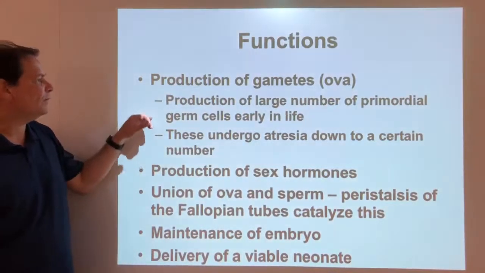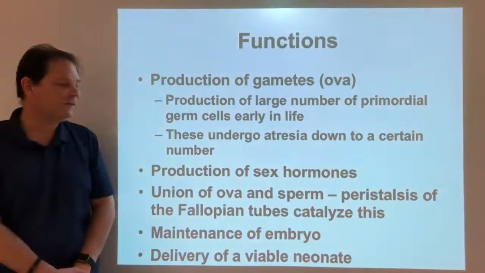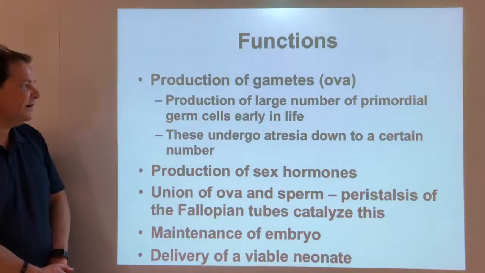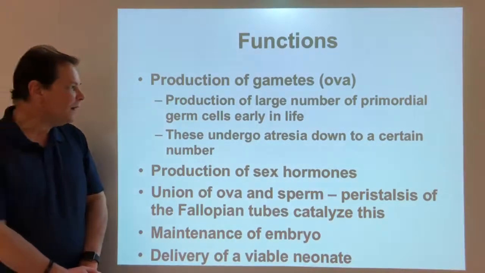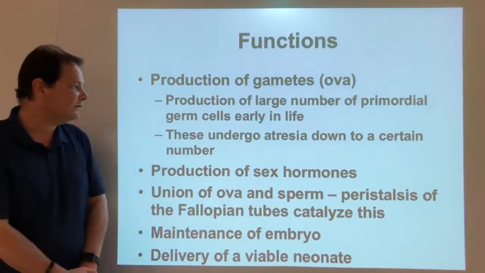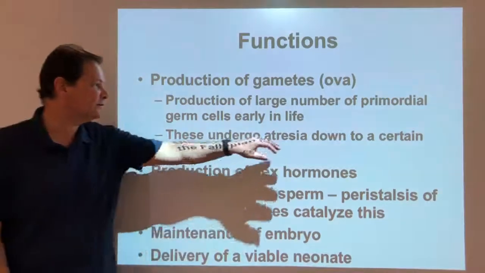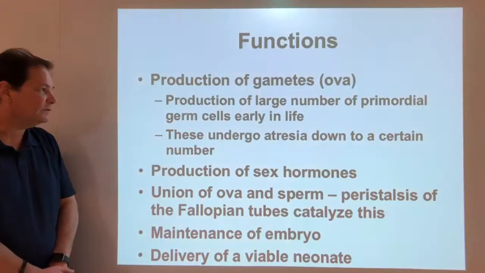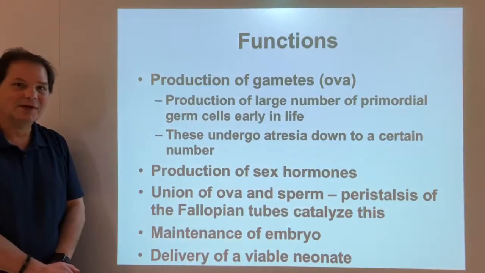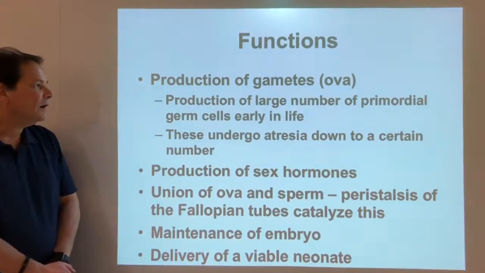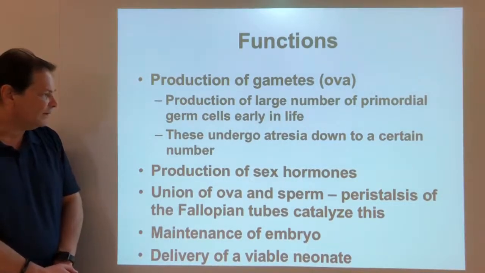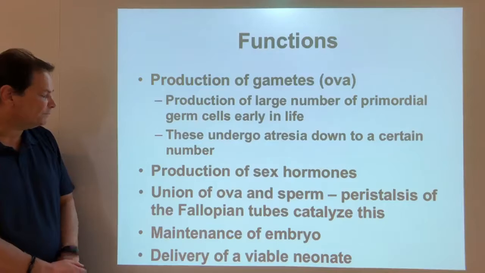A large number of ova are produced starting at the embryological stage, and starting after birth, these begin to undergo what's called atresia, which is a decrease in the number of ova down to a certain level. And we'll talk a little bit about that in a minute.